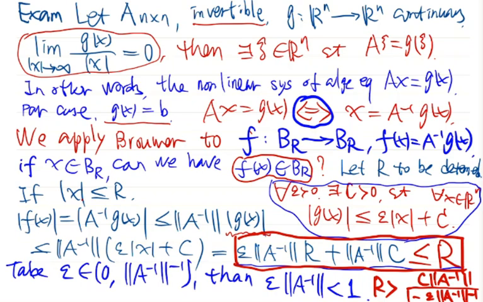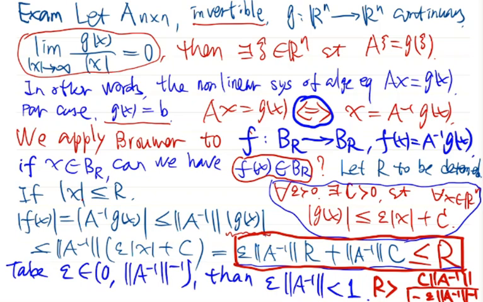We can choose R so large because epsilon is small enough so that the denominator is positive. The denominator is not 0 or even negative. It is actually positive. So we can solve for this R, and this completes the proof.